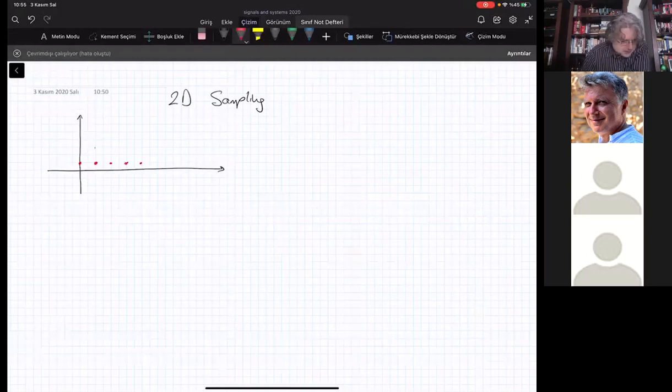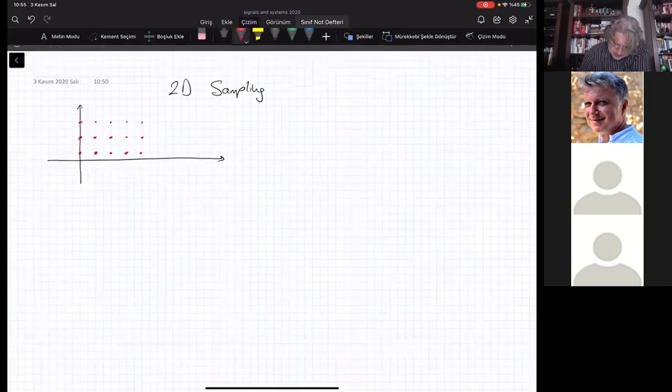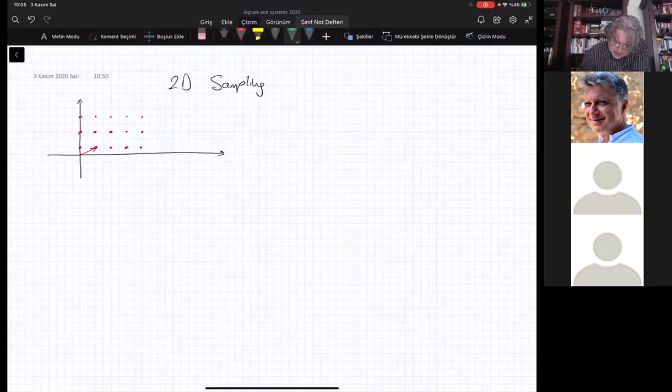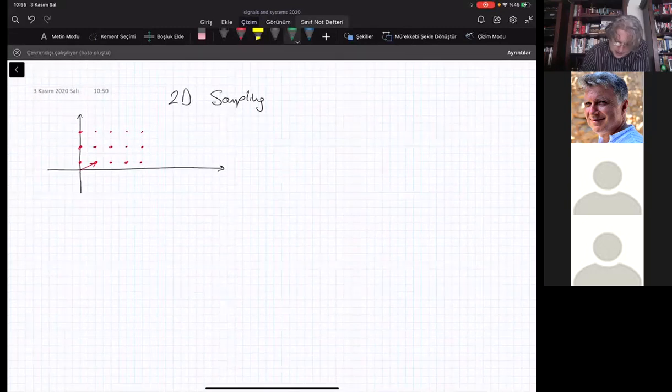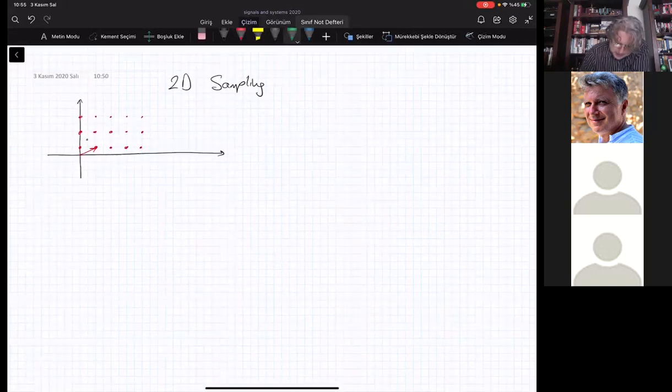I say that these red dots and these red dots correspond to a vector like this, and then we have other things right in between them.